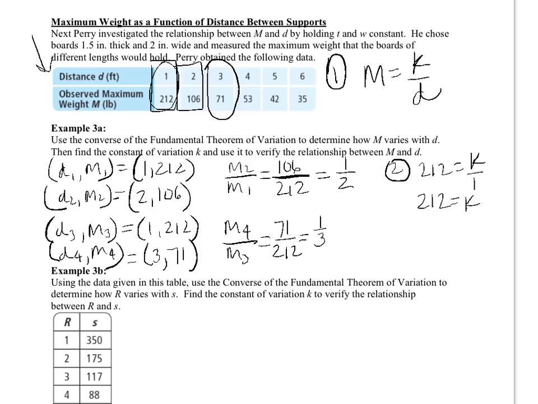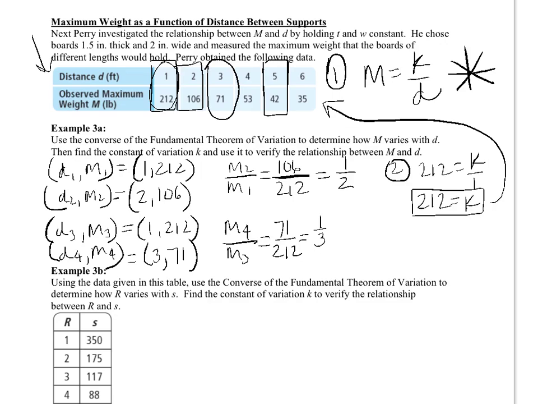Then let's figure out if that works for the rest of the points. If our k is 212, it should work for all the rest of the points in the table using this variation equation that we just wrote. So let's pick another set of points. Let's do 5 and 42.